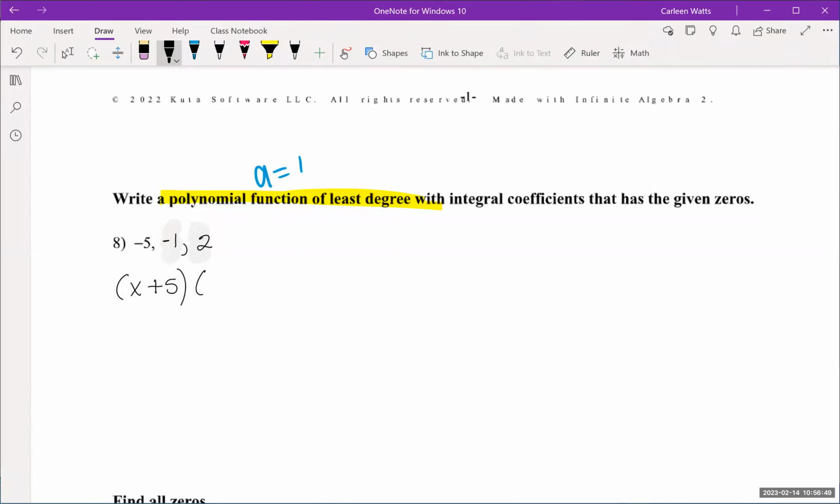When the 0 is -1, the factor is x plus 1. When the 0 is 2, the factor is x minus 2. Okay, we want a polynomial, which means we have to multiply these together. So we're going to grab these two and we're going to make a box.